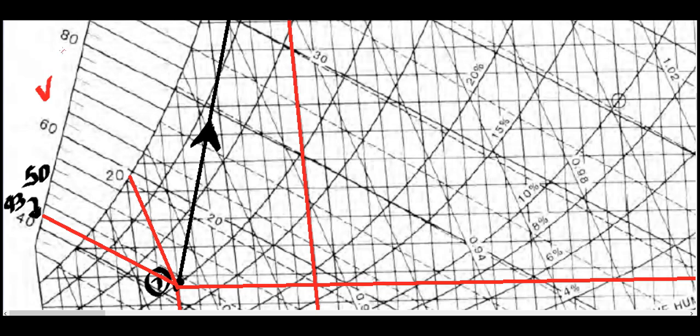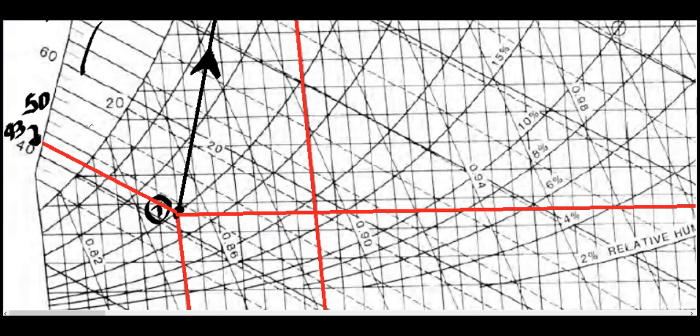So the specific volume at point 1 will be 0.85. So ito yun. So let's draw that line. Okay.